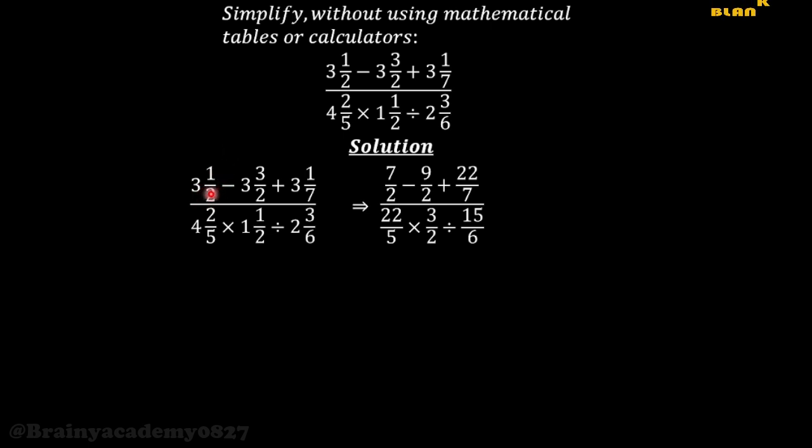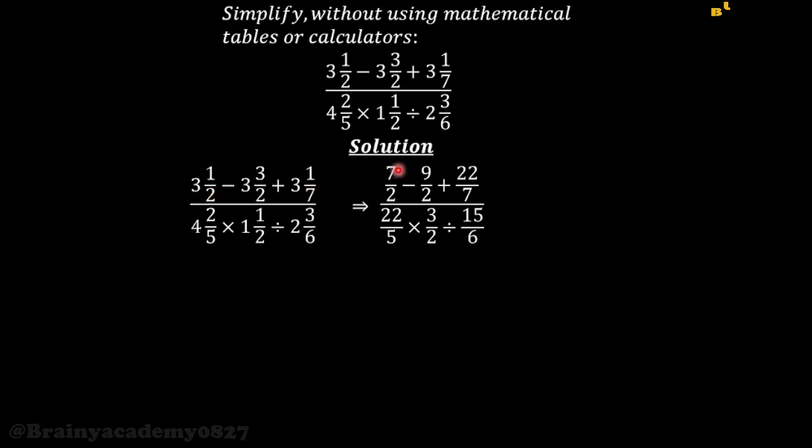So we multiply 2 by 3, which is 6. 6 plus 1 is 7 over 2.